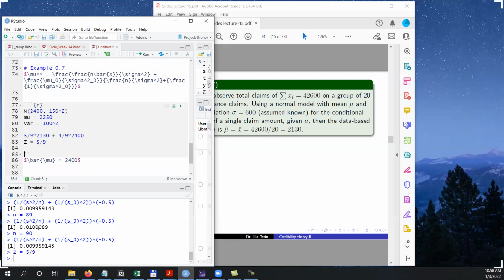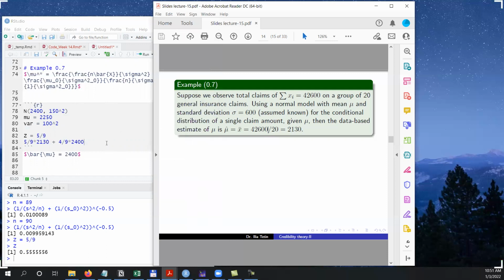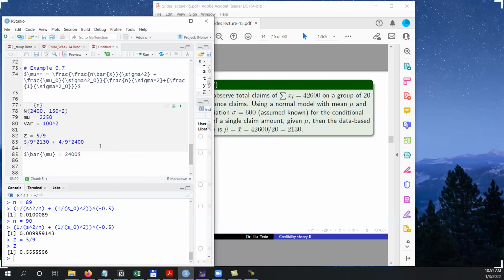This is just 0.55. So this should be fine. I won't put this example to the final exam. Don't worry. This is quite unobvious to calculate. Okay, so this is the Bayesian estimate of mu star.